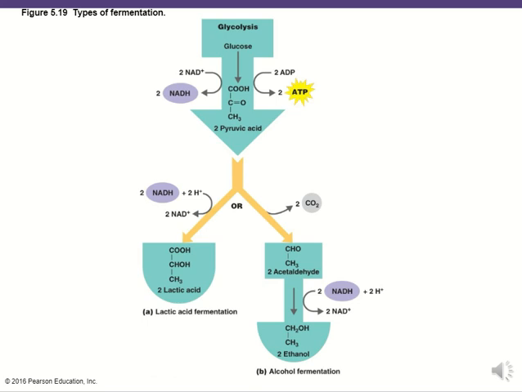So types of fermentation: there's glycolysis, which eventually provides pyruvic acid, and each of those pyruvic acids produced could go through lactic acid fermentation, which produces 2 molecules of lactic acid, or go through alcoholic fermentation, which produces 2 molecules of ethanol.